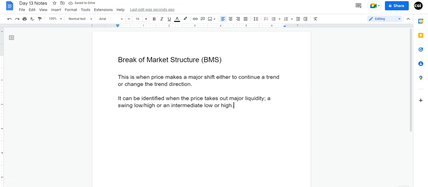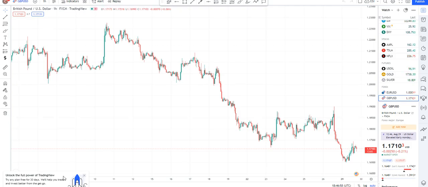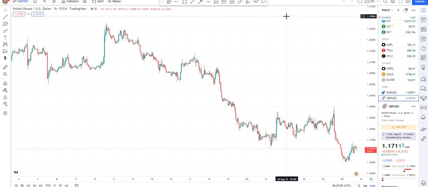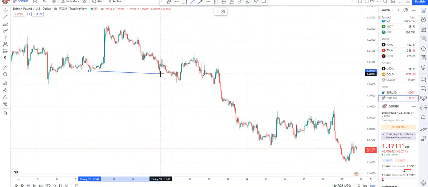Basically, when we talk about a BMS, what we mean is when price tends to either change the trend or continue the trend. If you have this downtrend right here, the BMS happens when the trend continues because the trend is a progressive downtrend. So here we have a BMS. This BMS shows a change in trend.